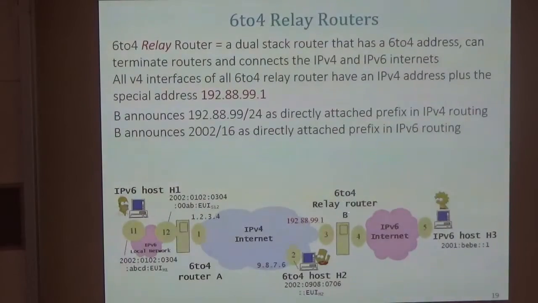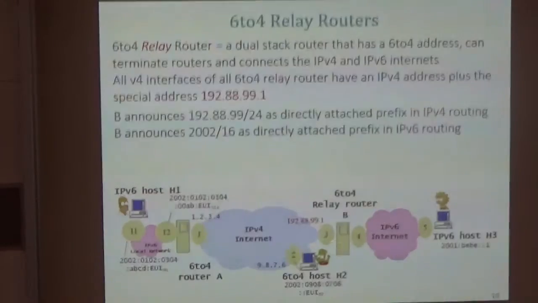A 6to4 relay router means a router exactly like this one, that does this address on the left, injects 2002 on the right, and is able to encapsulate and decapsulate.